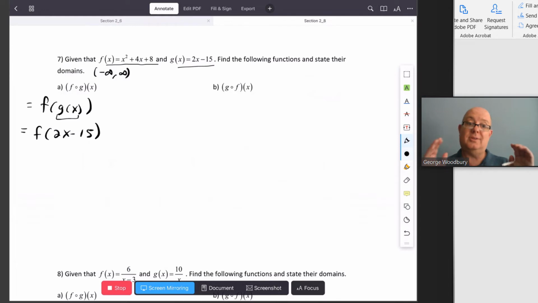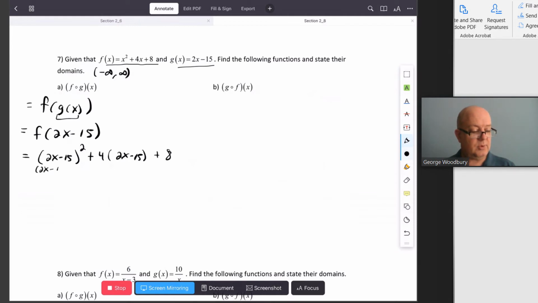Now I want to write down the fill-in-the-blank form of f of x. X squared, so something squared, plus 4x, so that's 4 times something, plus 8. And in those parentheses, I'm going to put in 2x minus 15. 2x minus 15, to square that, is 2x minus 15 times itself.